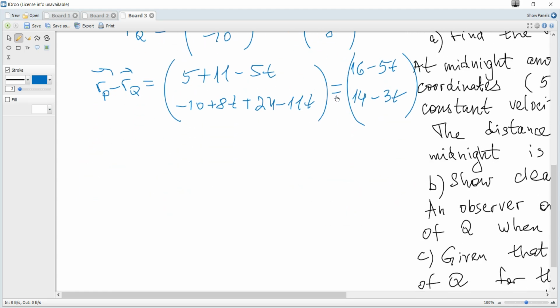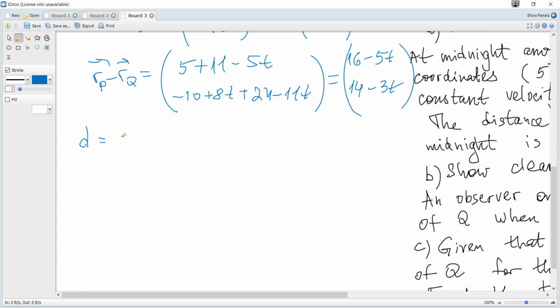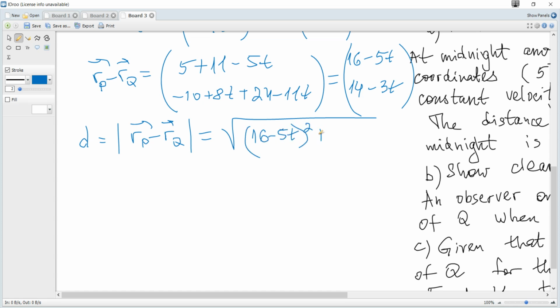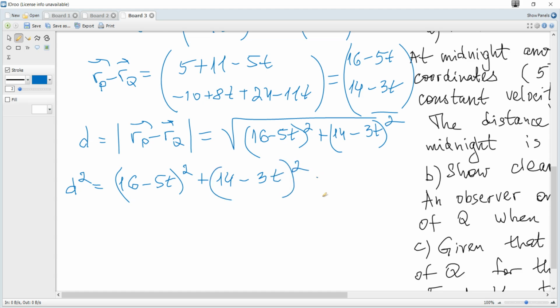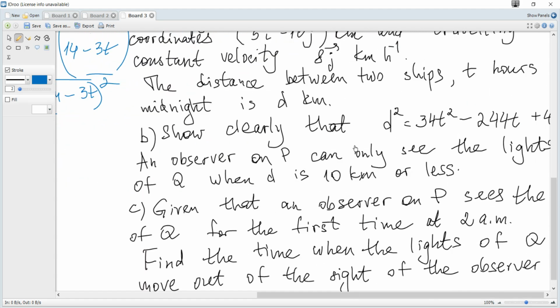Then the distance is equal to the magnitude of this vector, the square root of the sum of squares, (16 minus 5t) squared plus (14 minus 3t) squared. If we consider d squared, it becomes just (16 minus 5t) squared plus (14 minus 3t) squared, and if you expand it, you should get this.